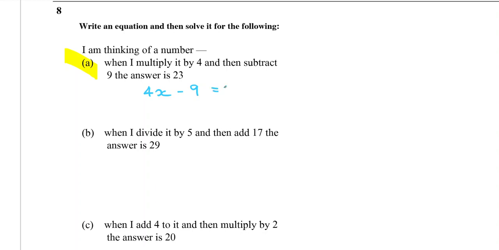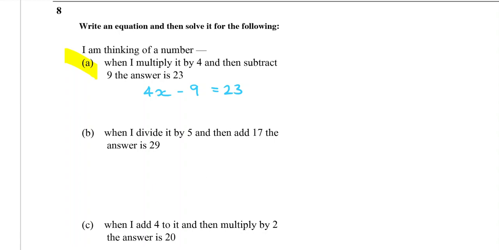So see how when I read the question, I read it in little chunks so that I could write down each thing as it happened. I had a number, x. I multiplied it by 4, so it was 4x. Then subtract 9, so minus 9. The answer is 23. Okay, now we have to solve it with the working.